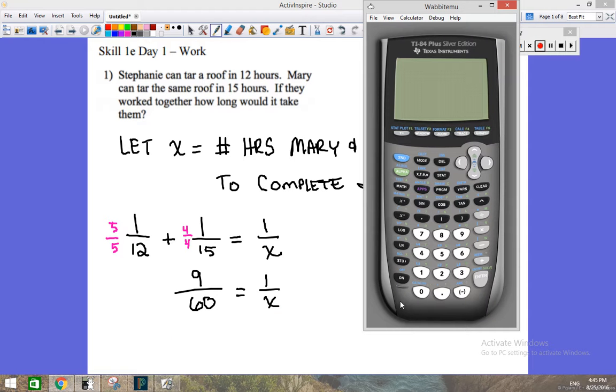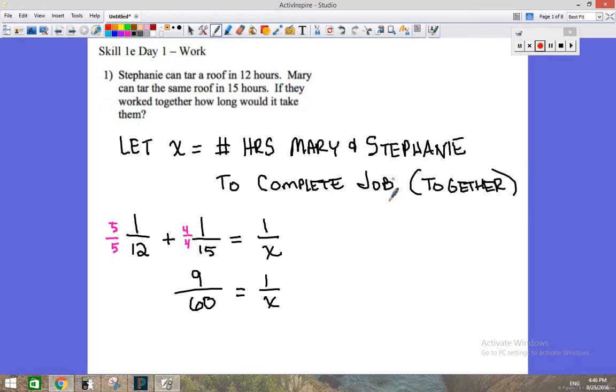I'll check it on my calculator just to make sure I don't make a silly mistake this late after school. Oh, 3/20, because 9/60 reduces, I should have seen that.